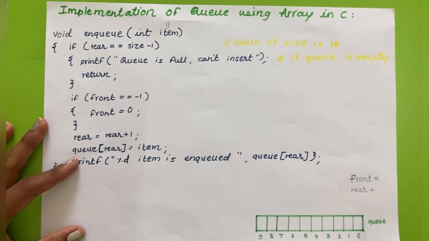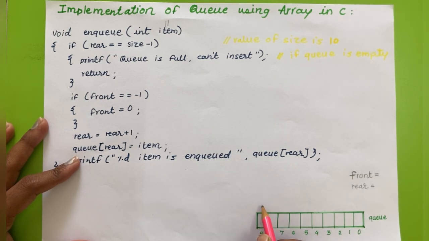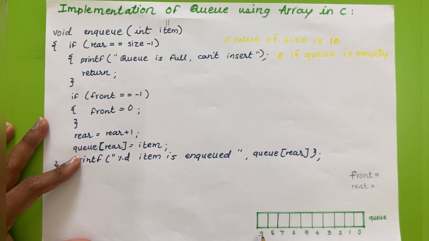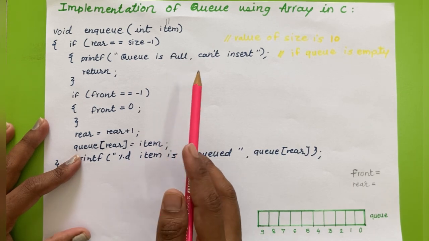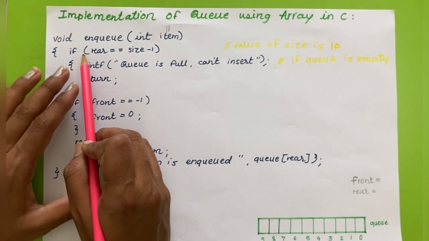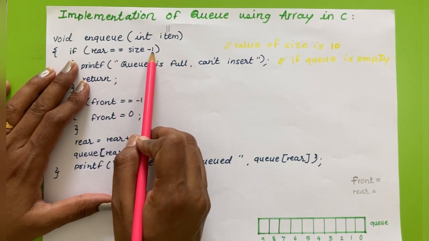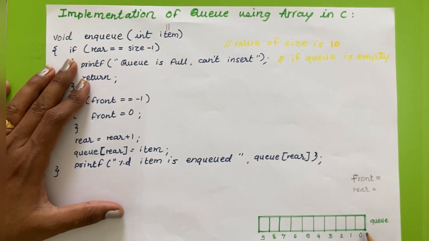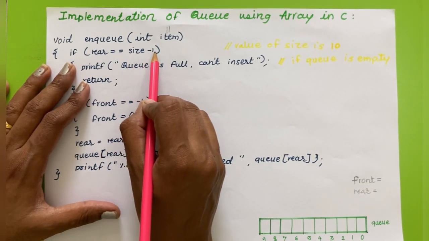We can call the queue full when the value of rear is equal to the size of the queue. That represents we have a full queue. That is represented with the help of the condition if rear is equal to size -1, because we have started the index of the queue from 0. That's why we have taken size -1.